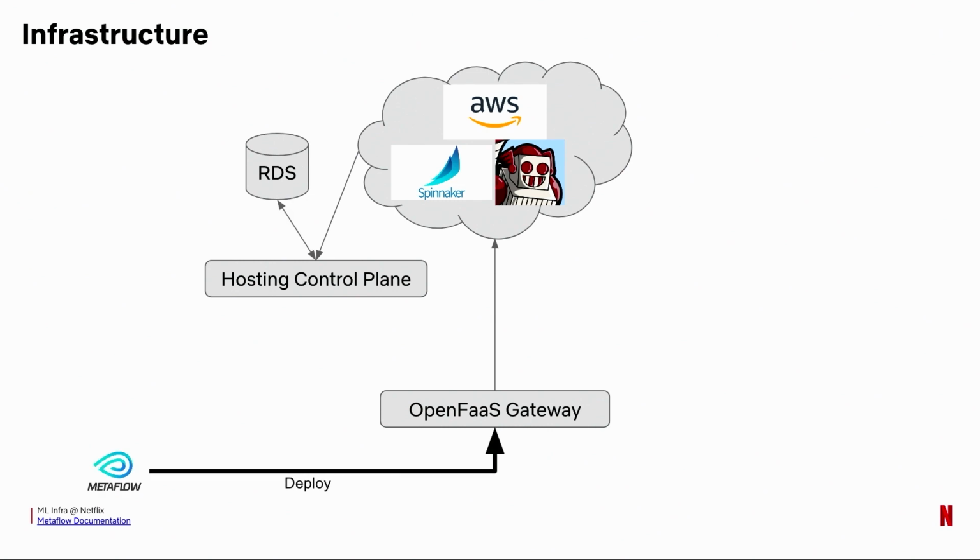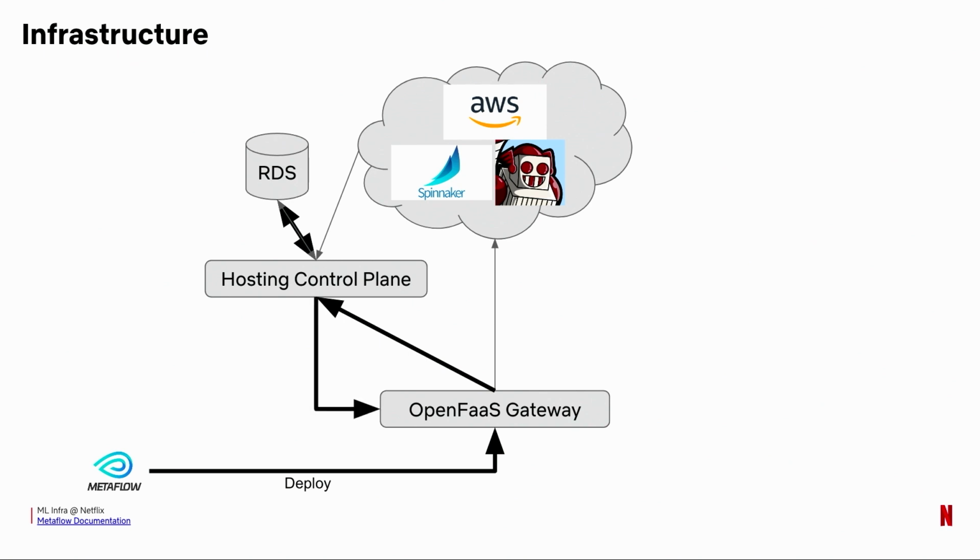When a user deploys a new service, we first go to the OpenFaaS gateway, which then makes a call to the control plane. The control plane then fetches the relevant information from the database to find out whether the service has already been deployed and we're deploying a new version, or whether we want to create a completely new service.